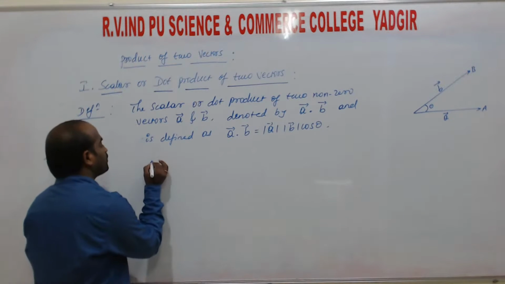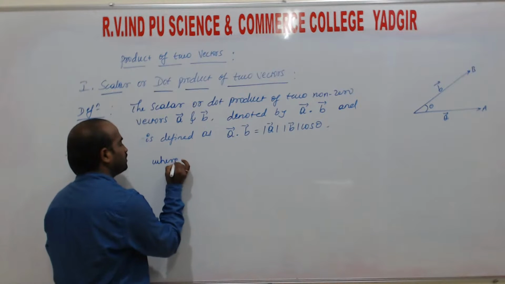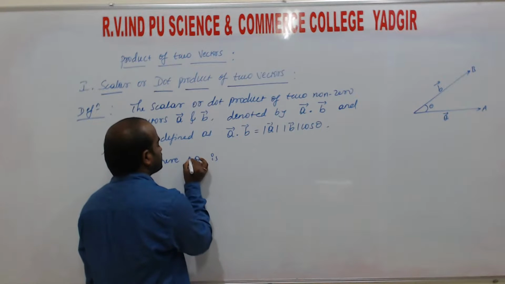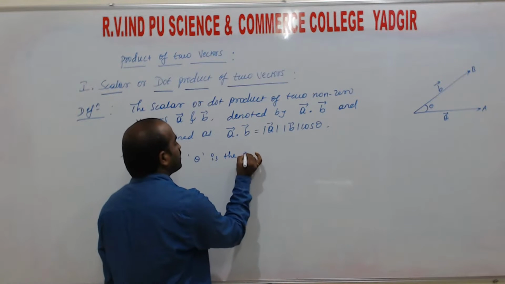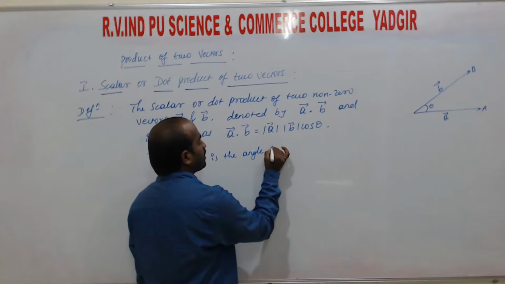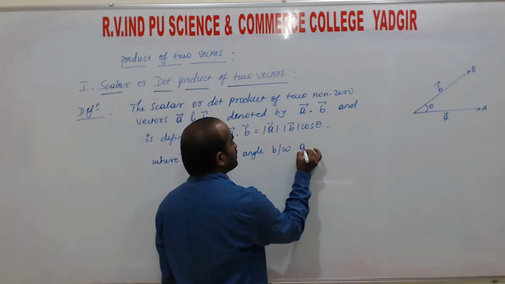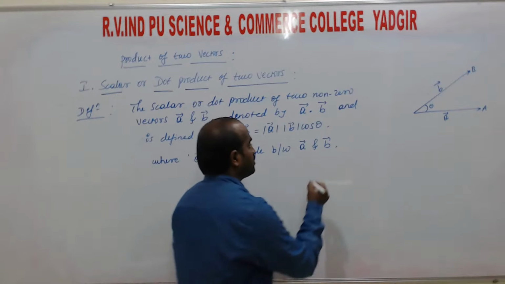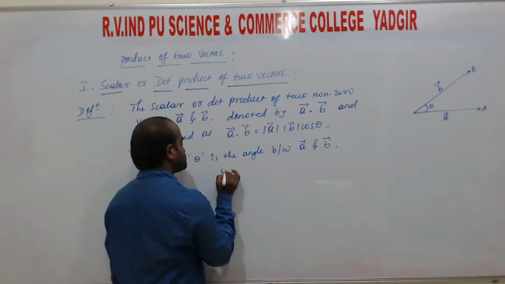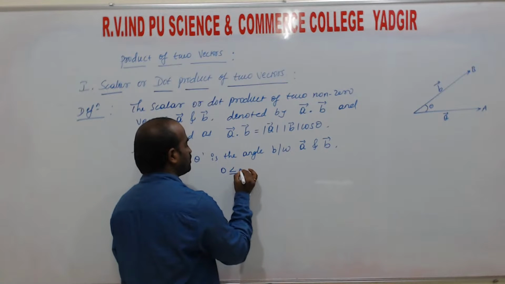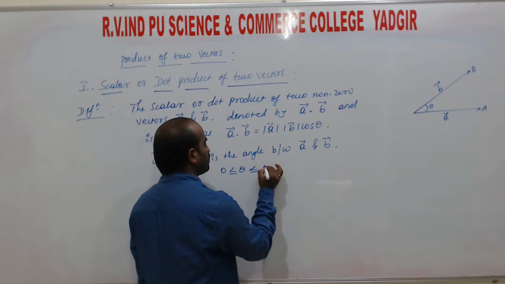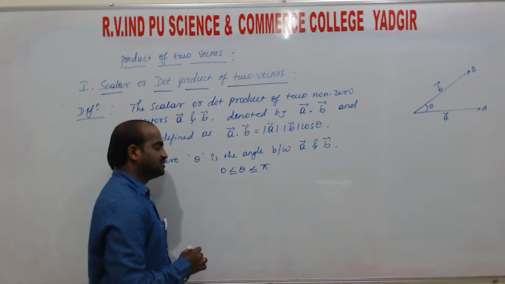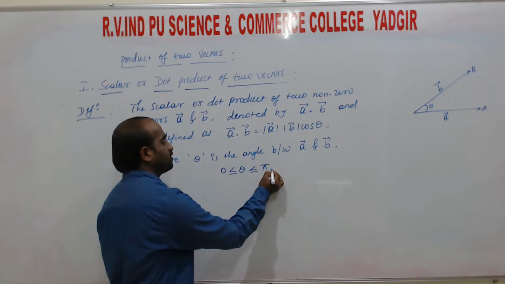Where theta is the angle between A vector and B vector, 0 is less than or equal to theta less than or equal to pi.